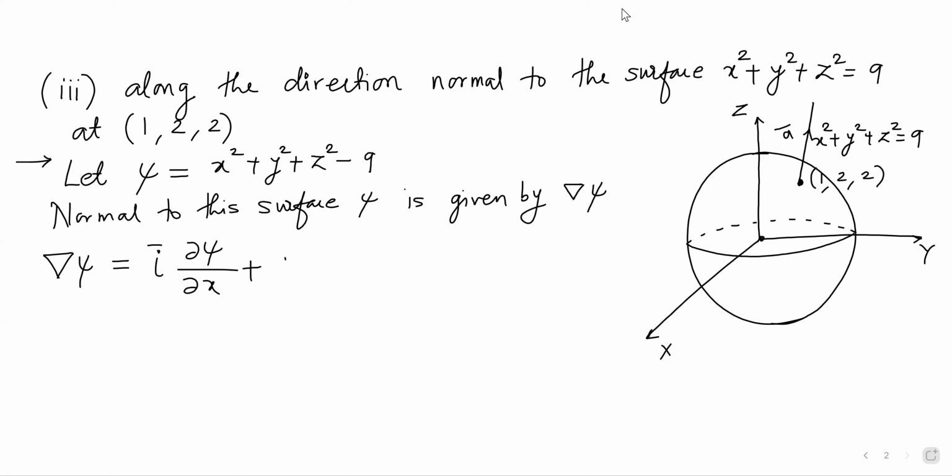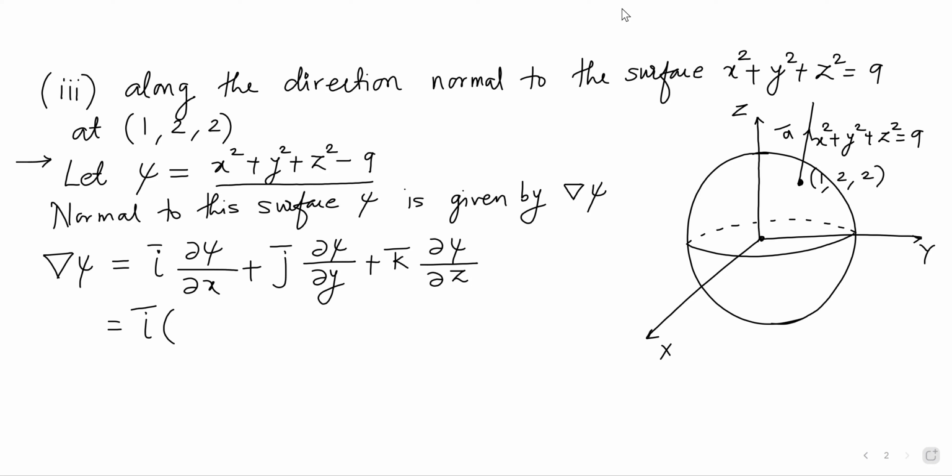So it is i bar times dou psi by dou x, plus j bar times dou psi by dou y, plus k bar times dou psi by dou z. Differentiate this equation with respect to x, y, z. So we get i bar times 2x, plus j bar times 2y, plus k bar times 2z.